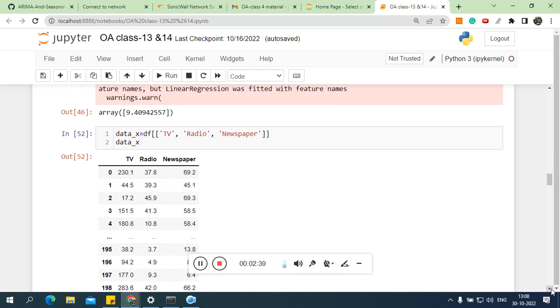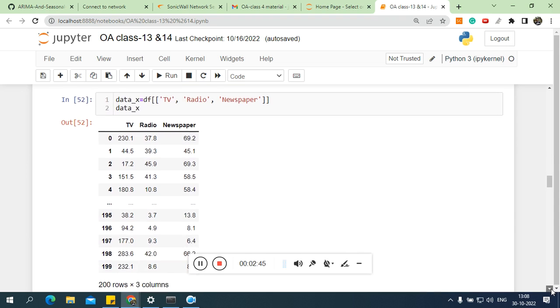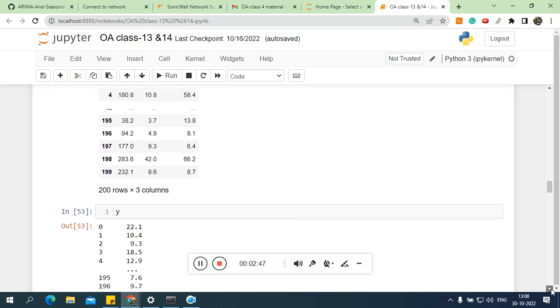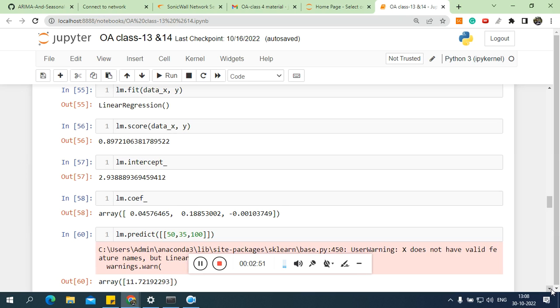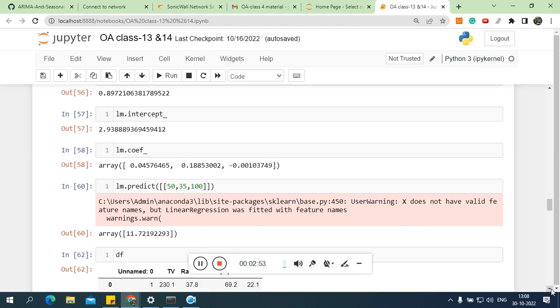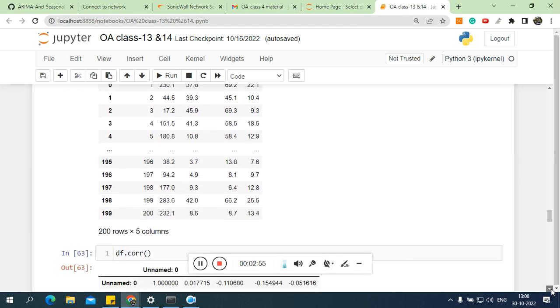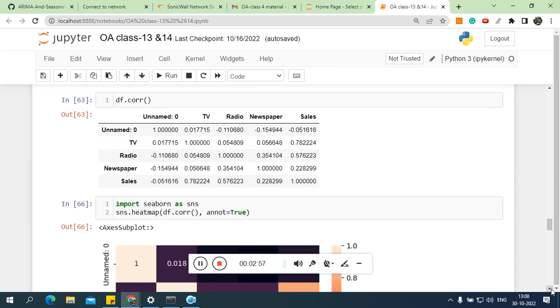When we consider x1, x2, x3 as TV, radio, and newspaper, and y as your sales, and we make linear regression, the accuracy is 89.72. Again we removed a particular feature, newspaper, and after that we identified that the accuracy is the same.